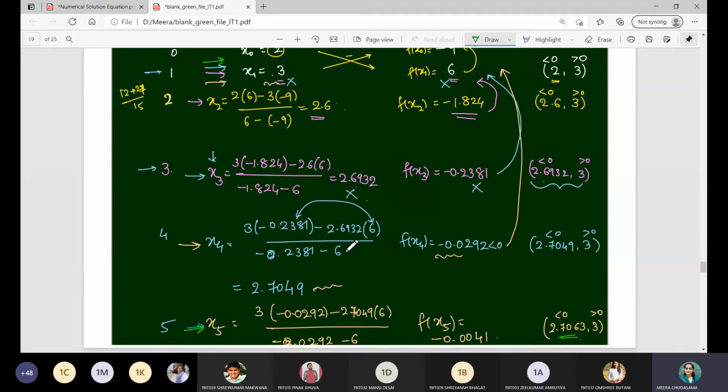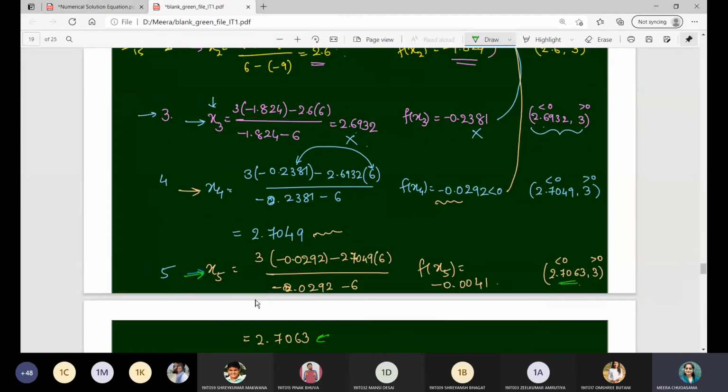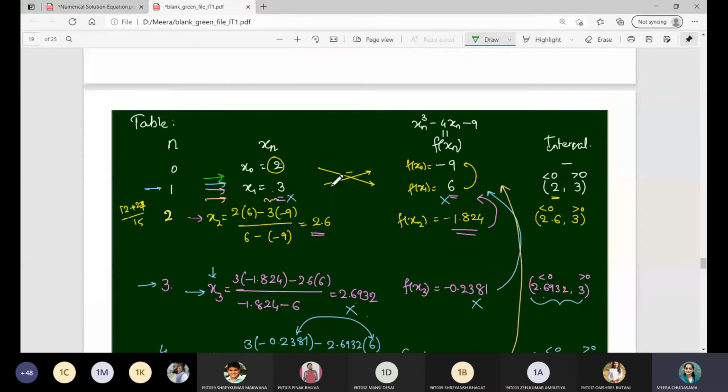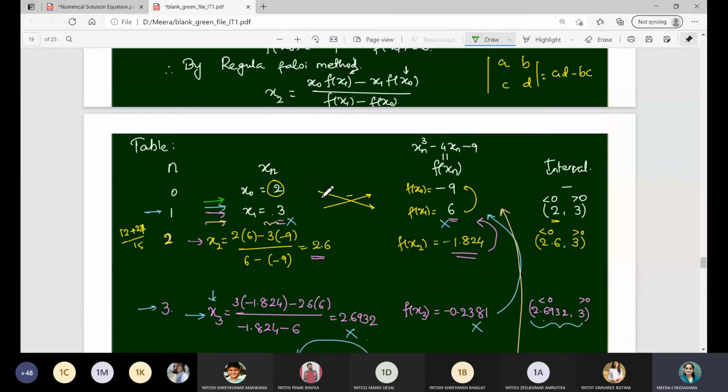Actually I can't say this is the 6th iteration because these two are just the initial values we have taken. So this is actually the first, second, third, fourth and fifth. So in the 5th iteration only we have the answer correct to 3 decimal places.